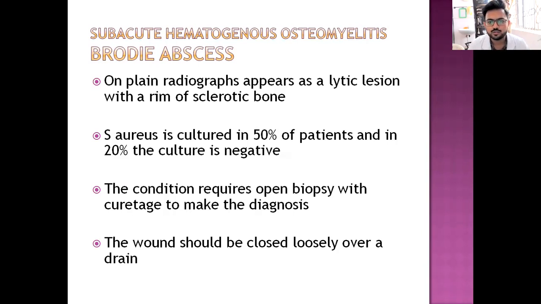Plain radiographs will show a lytic lesion with a rim of sclerotic bone. In cultured organisms, we can see Staph aureus in 50% of individuals, and some of them can give negative cultures also. The condition requires open biopsy with curettage to make the correct diagnosis. The wound should be closed loosely over a drain.